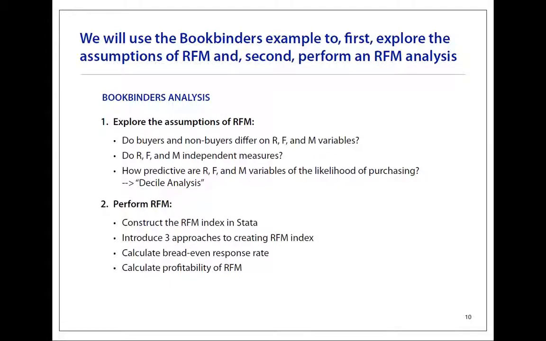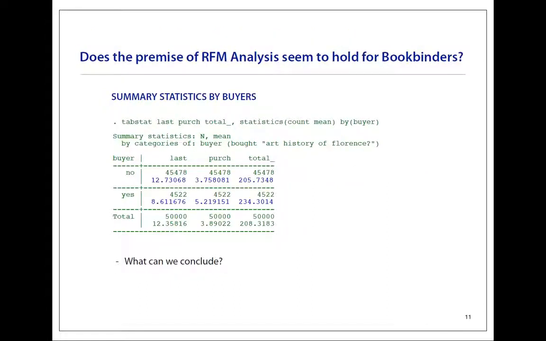First, let's check whether buyers and non-buyers are different on RFM, these 3 measurements. To do so, I did a simple test just to compare the means of RFM across the group of non-buyers and the group of buyers.